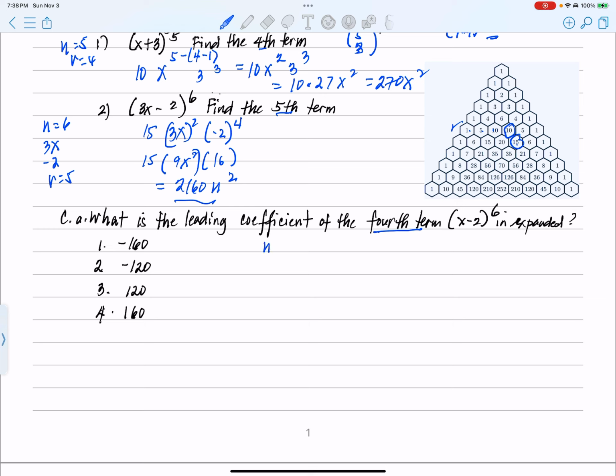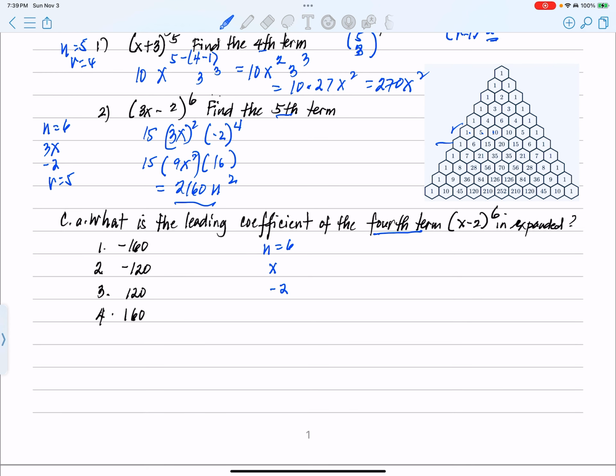N is 6. We have the first term as x, and the second term is negative 2. And then the 6th row, okay, I'm gonna have it here. Fourth term for that, 1, 2, 3, 4, that's 20. Okay, so I'm gonna start with 20.